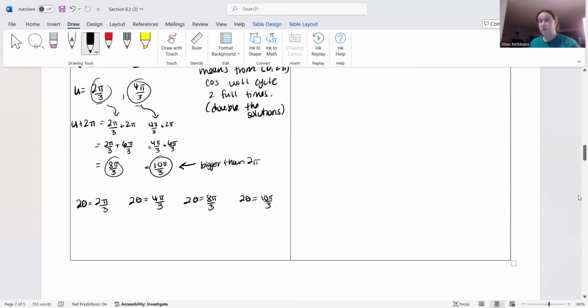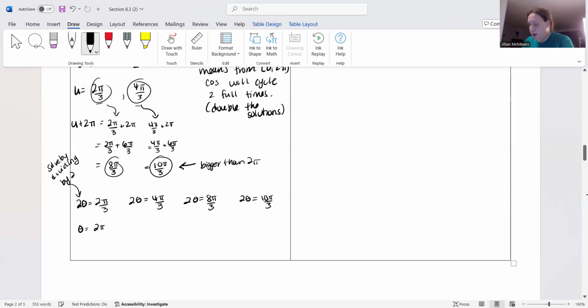Okay, now I need to solve each of these for theta. So in order to solve for theta, we solve by dividing by 2. But remember, in the world of fractions, division by 2 becomes multiplication by 1/2. They're the same thing. So when I divide each of these sides by 2, I'm going to get theta.